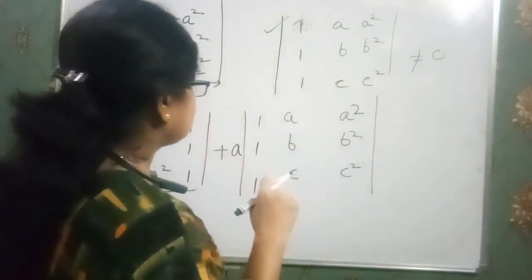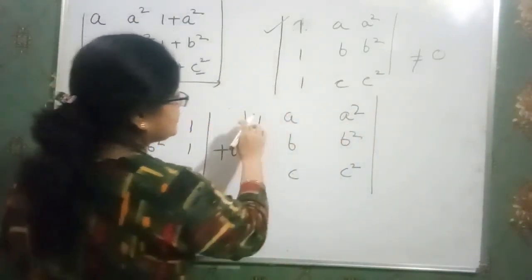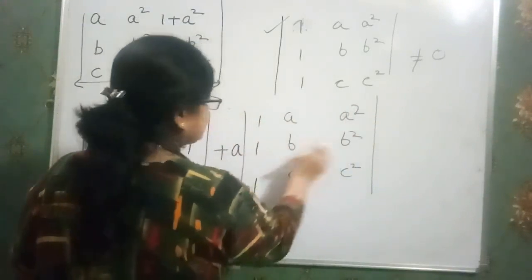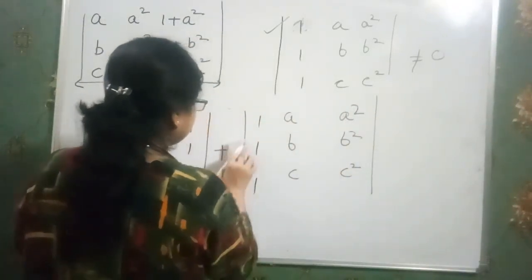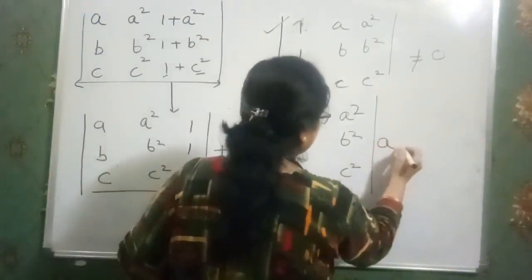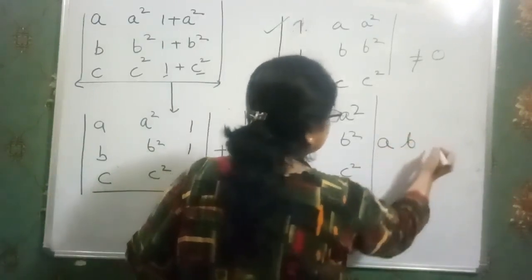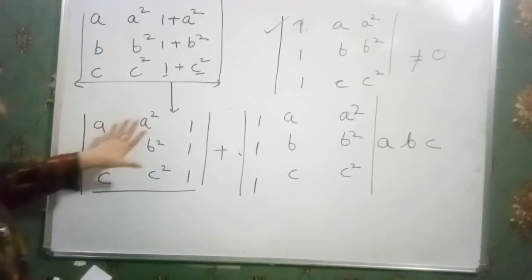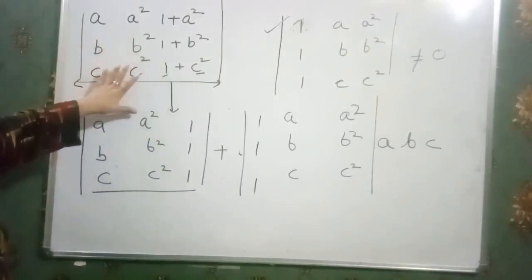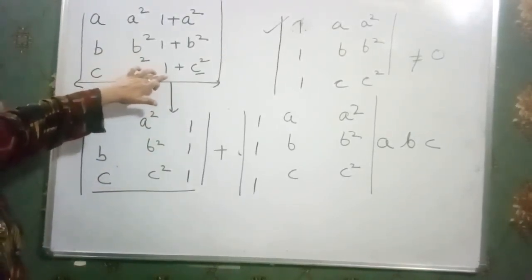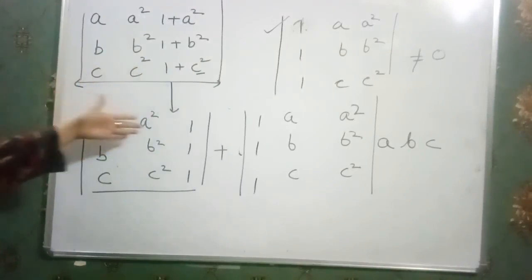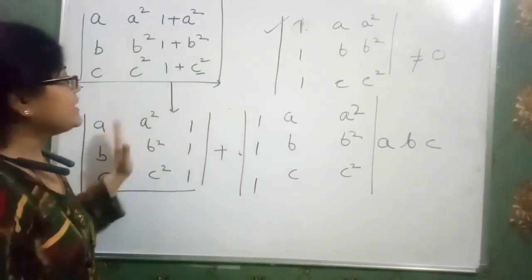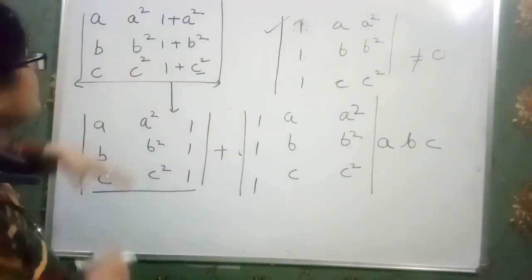So from the first one I take A, from the second one I take B, I'm writing over here, and in the third one I take C. So we have the same type of format here after expanding, or you can say splitting, the determinant into two when we have these types of signs in our determinant.